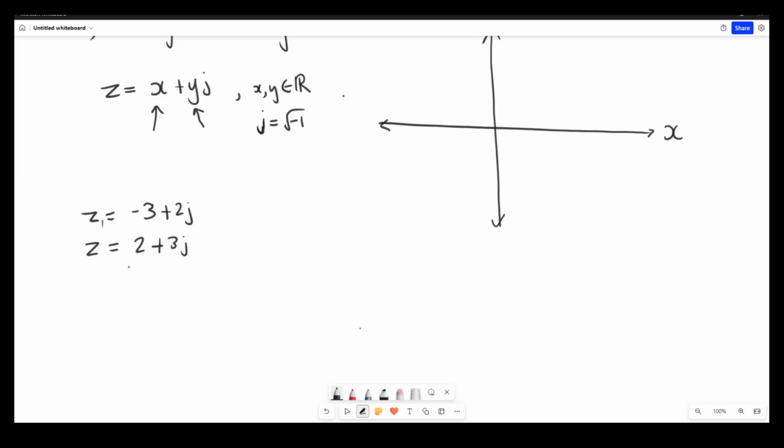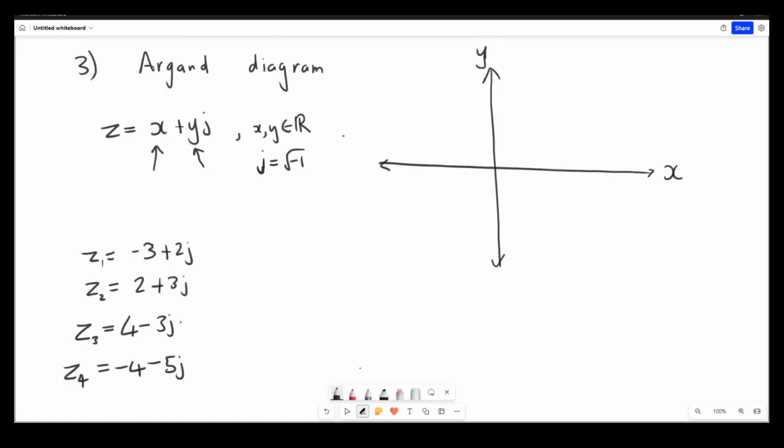And Z2 is 2 plus 3j. Z subscript 3 is given as 4 minus 3j, and Z4 is minus 4, negative 5j. We'll try to represent these numbers on the Argand diagram now. The question here is very simple.